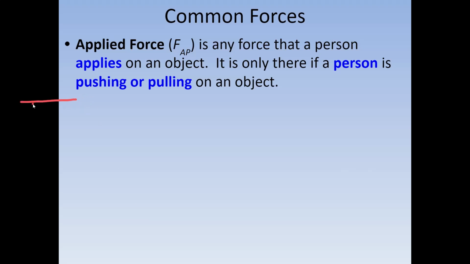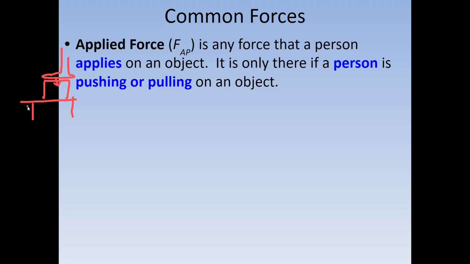We'll see a bunch of examples of this, but one example that I can give is if we had a table and we have a book on here, and then a person, this is the hand, my great hand, the person pushes their hand down. Now, because this box is connected to the table, this force will indirectly push on the table.